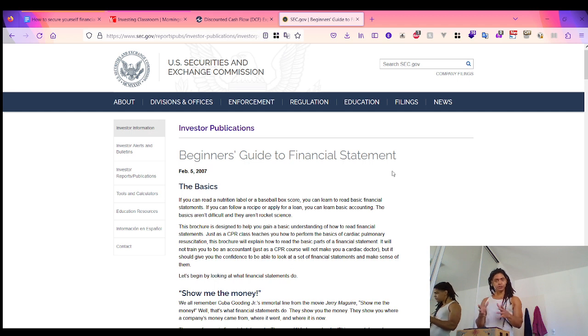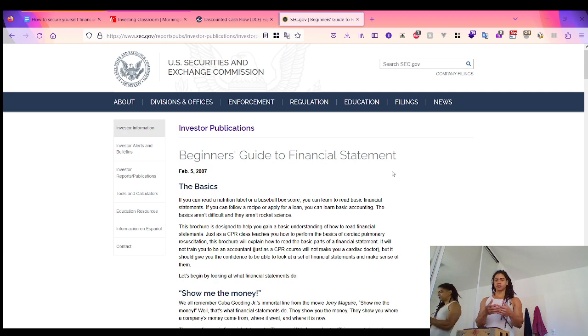That section tells me how to read the basic parts of financial statements, but it won't train me to be an accountant, much like a CPR course won't make you a cardiac doctor, but it can give you some confidence to look at a set of financial statements and make sense of it, which is the reason why I'm looking at the fundamentals or the basics.